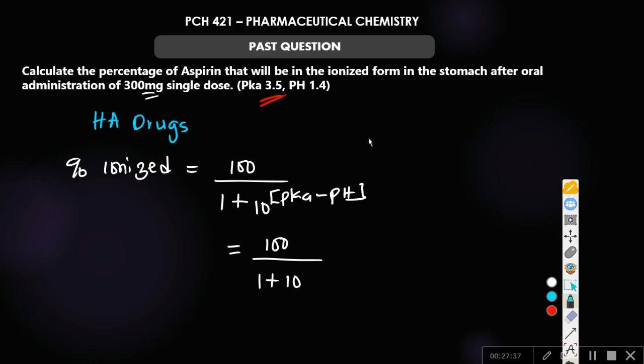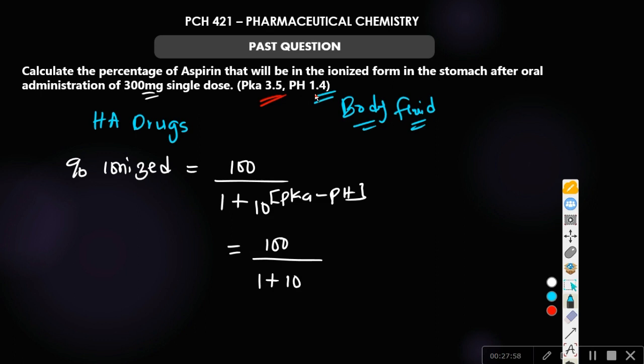Now, this pH is the pH of the body fluid or the environment that you're actually considering. In this case, it is the stomach. I know the stomach is very, very acidic. That is why the pH is low. The lower the pH, the more acidic it is.